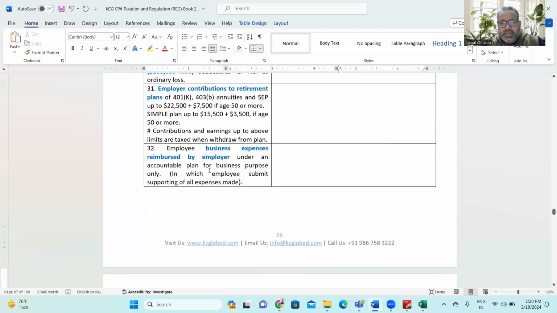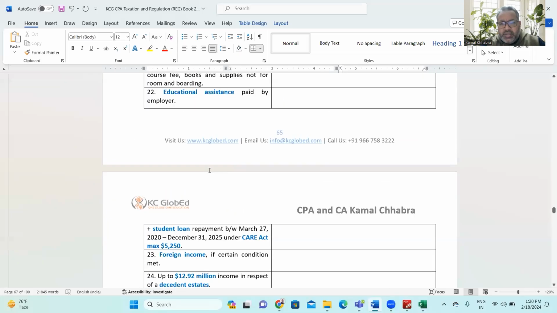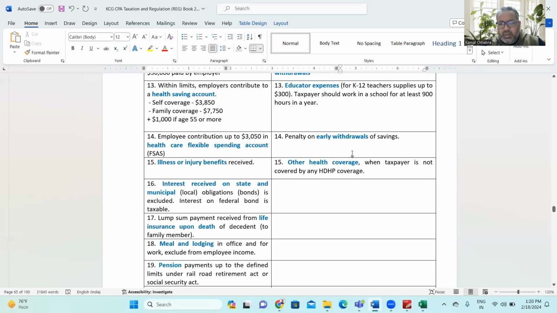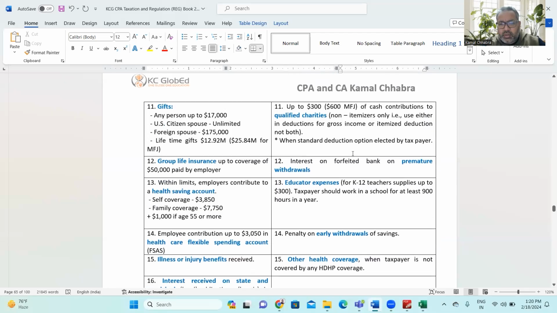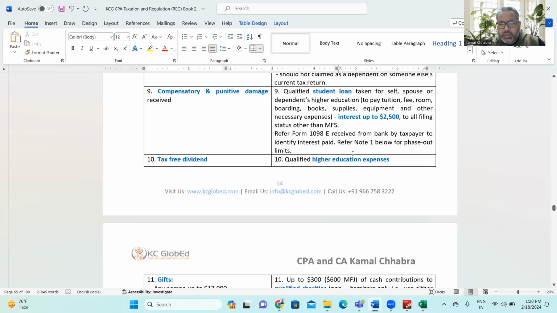Student loan interest, if you remember, is $2,500: qualified student loan taken for the spouse or dependent, higher education supplies, interest up to $2,500 for all filing statuses other than married filing separately, right?